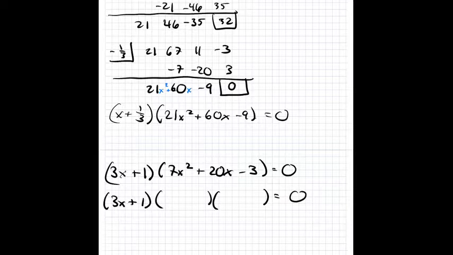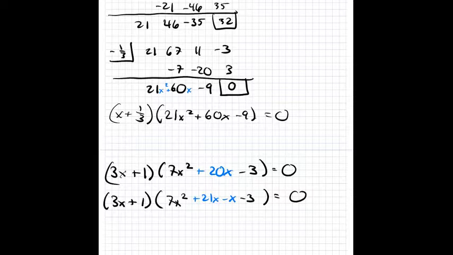So what I'm going to do is rewrite this blue 20 using 21 and negative 1, right? The 7x comes down. So the two numbers that we found were positive 21x minus x. They multiply to give us negative 21 and they add to give us 20. The negative 3 comes down. And so now we're ready for factor by grouping.